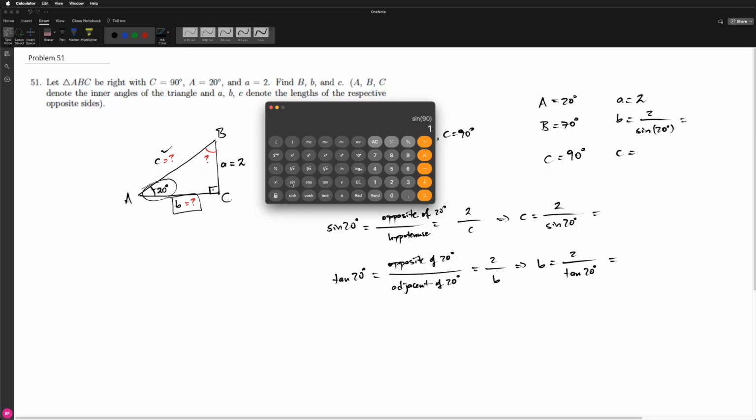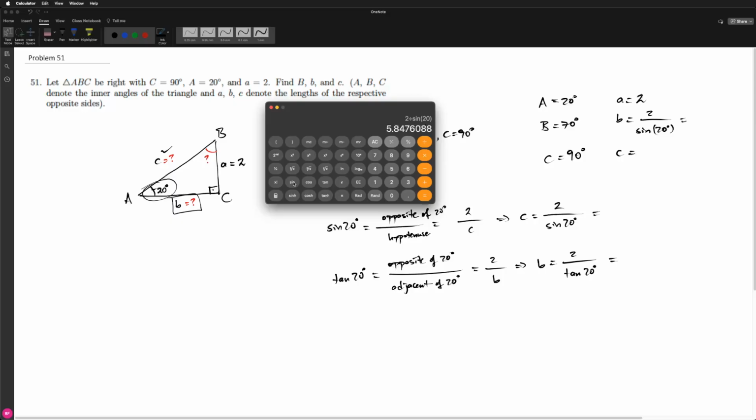So currently the mode is in degrees. That's good. Otherwise, if it was in radian, then sine of pi over 2 would be 1, but it's not in radian mode. Okay, once I know that, I can compute 2 over sine of 20.